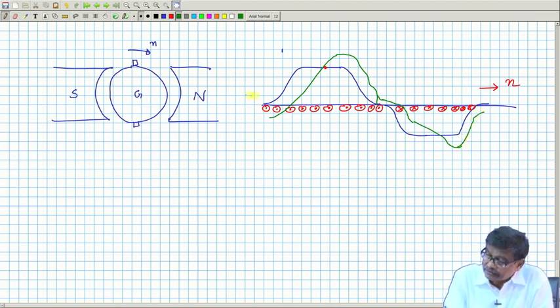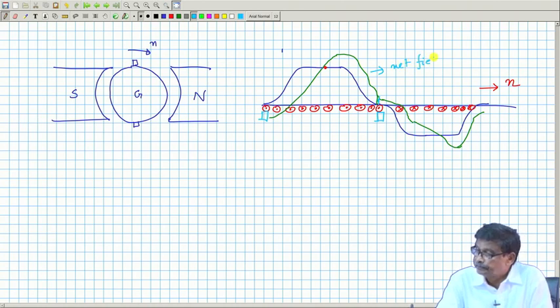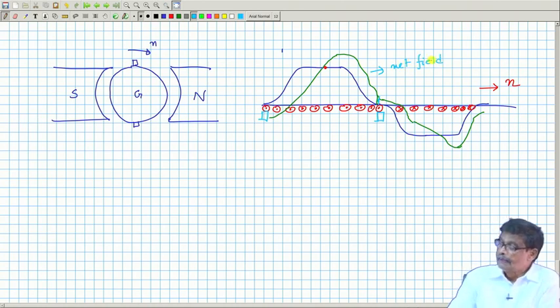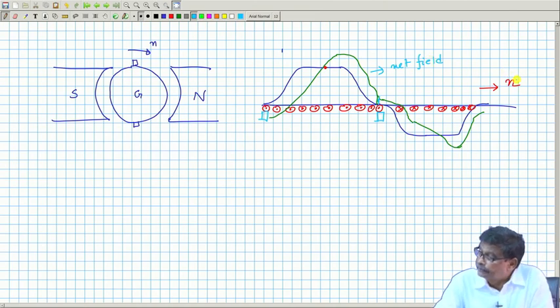And here are the brushes. This is one brush and there is another brush present. This is the net field, and this is generator mode.